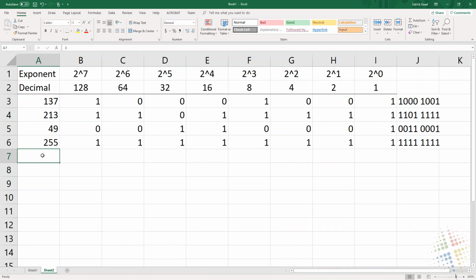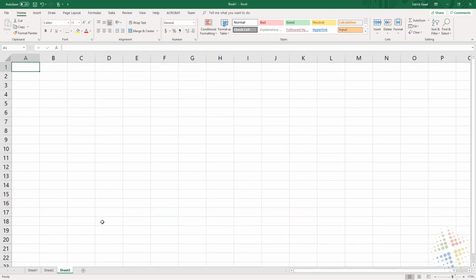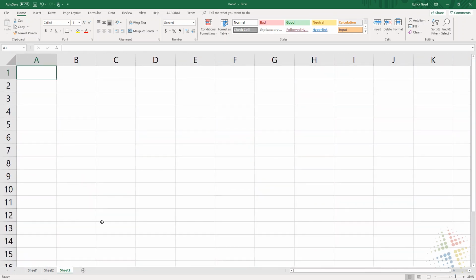Now, for those of you who aren't necessarily concerned about IP addressing and are more concerned about how binary works with the rest of the world, and how you might be able to use it, say, for programming. Well, let's say you're creating a software program for a game. And you start coming up with a whole bunch of different things you want to track with some person or some actor in your game.